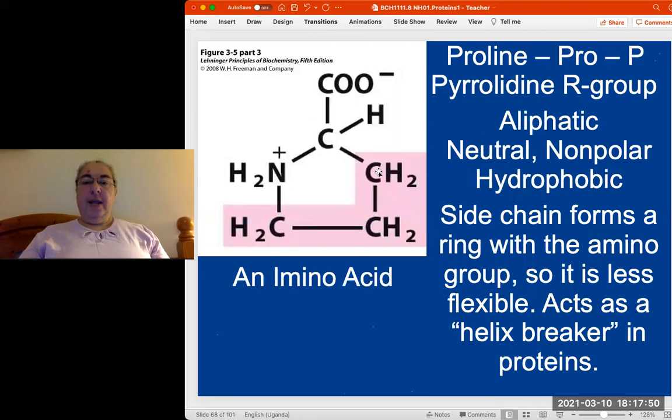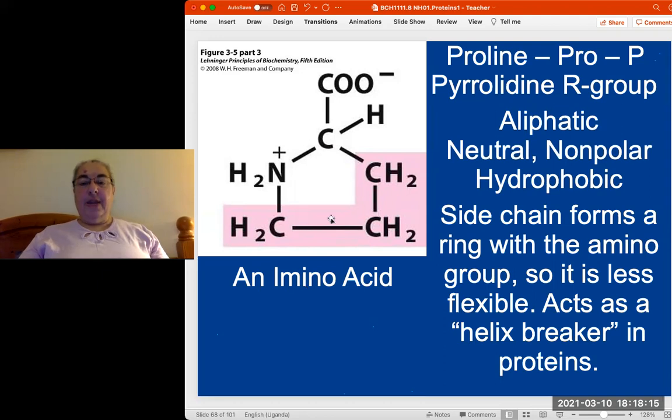Proline has an unusual structure where the carboxyl group and the amino group, sorry, the amino group and the R group here are joined together into a ring, which actually officially makes it an imino acid.